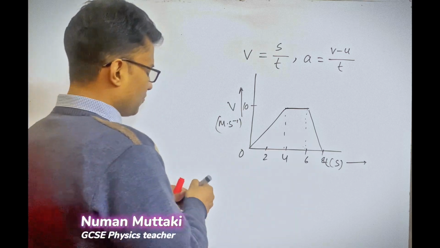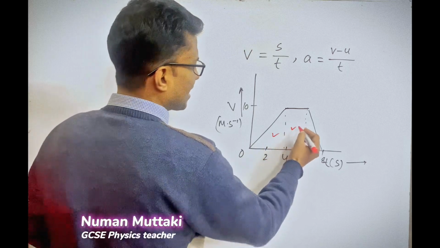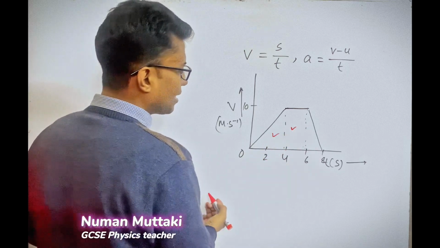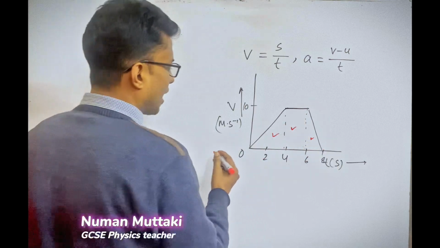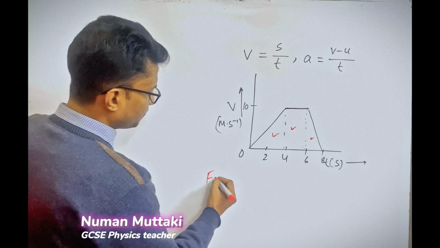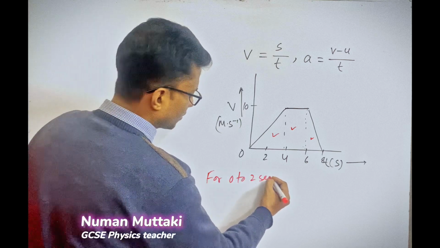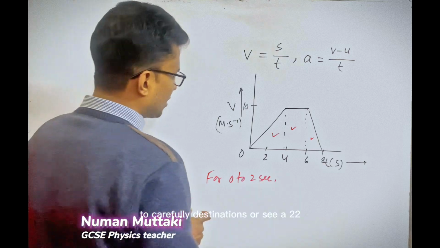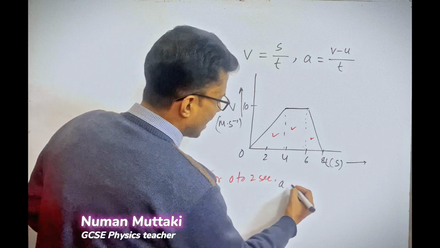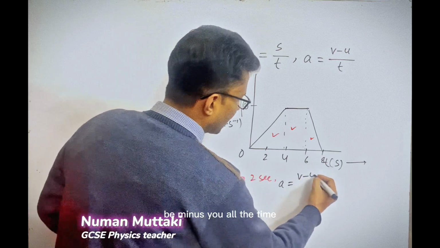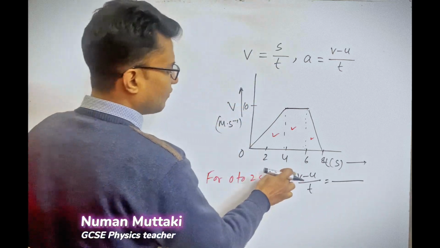There are three parts. This is the first part, for 0 to 4 seconds. This is the second part, for 4 to 6 seconds. And there is another part, which is 6 to 8 seconds. So first of all, we calculate the acceleration for 0 to 4 seconds using the equation a equals v minus u over t, where v means final velocity.